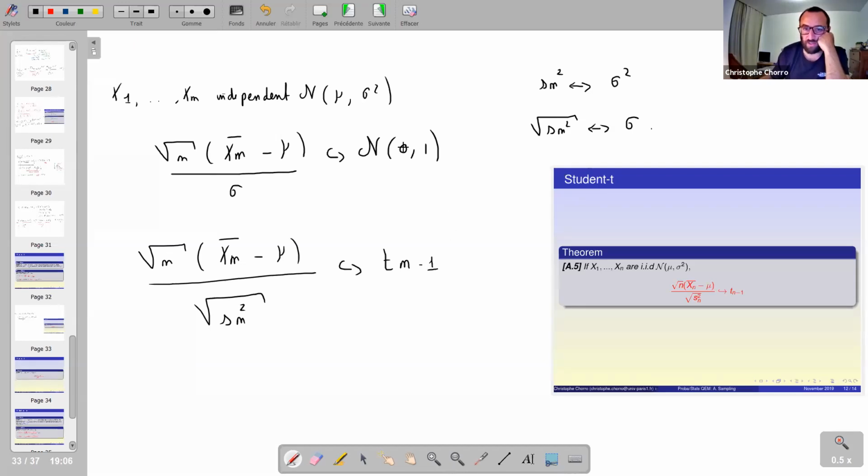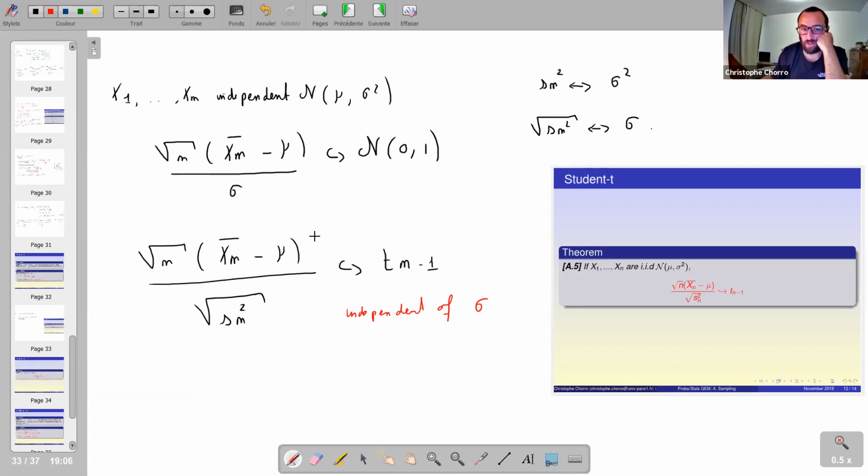So I pass from the Gaussian to the Student if I replace the theoretical standard deviation by the square root of the corrected sample variance. But here I have something that is independent of sigma. So I will be able to, I won't do it because it's always the same thing.